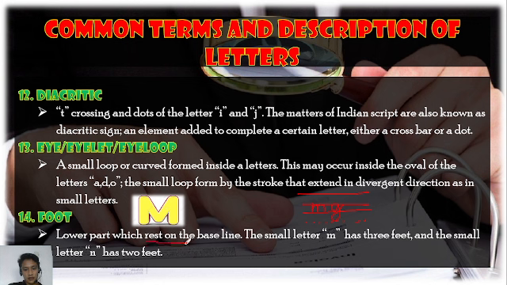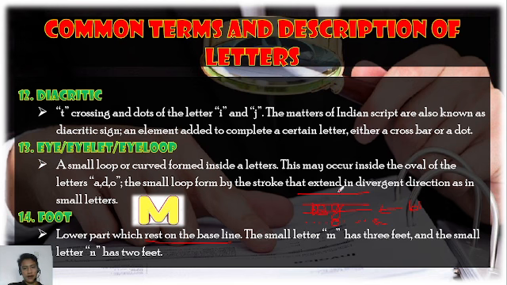Take note, it is the lower part that rests on the baseline. We call this our baseline, let's say BL. And this is the descender line. So we would not say that is a foot, but we refer to it as descender. And this is what we call the foot of the letter.